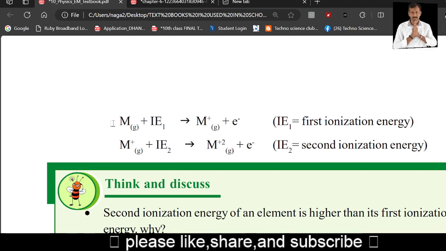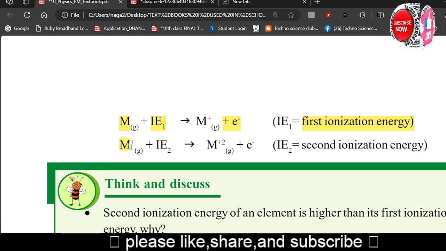Here M is the element and IE1 is the first ionization energy to remove one electron, and M+ represents the positive uni-charged ion. From this ion, another electron is removed. To remove that electron, we require some energy. That energy is called IE2, the second ionization energy.